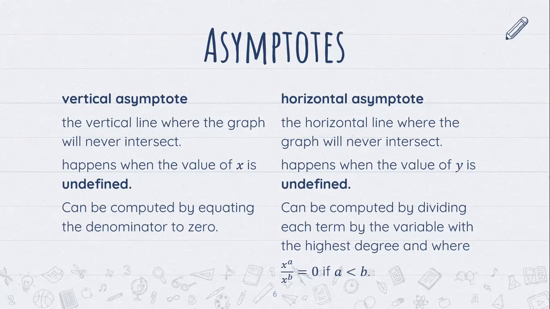Okay? It can be computed by dividing each term by the variable with the highest degree, where x raised to a over x raised to b is equal to 0 if a is greater than b. Malalaman nyo rin kung paano yan mamaya.